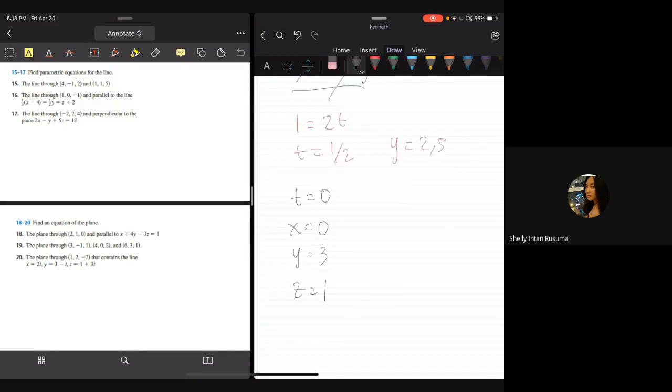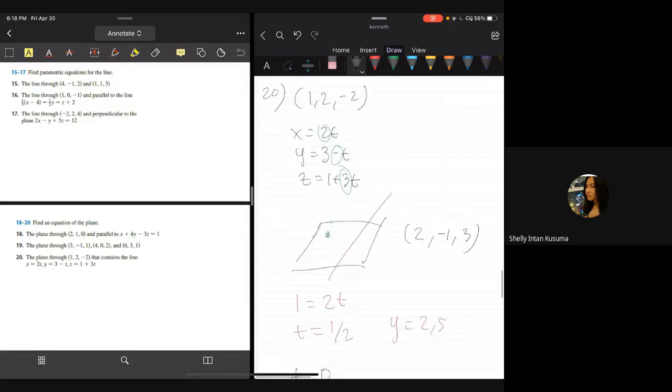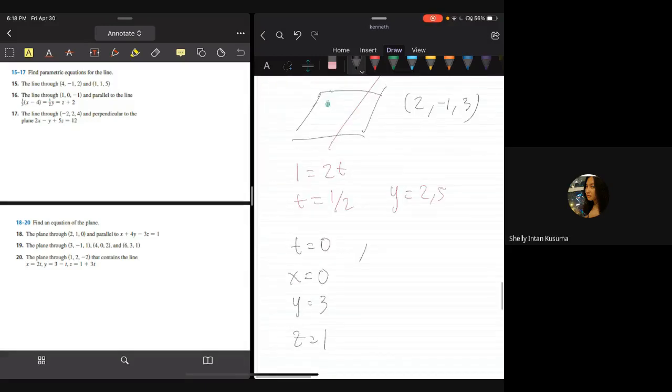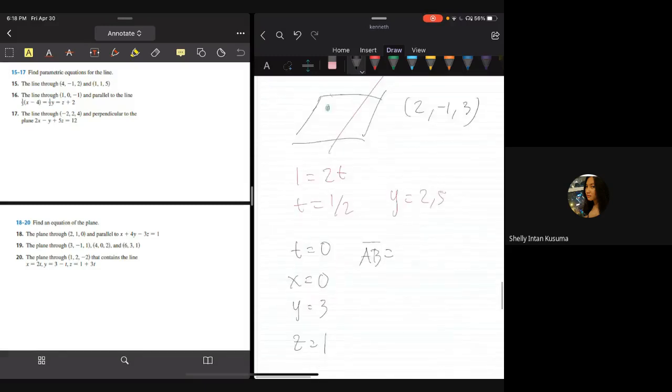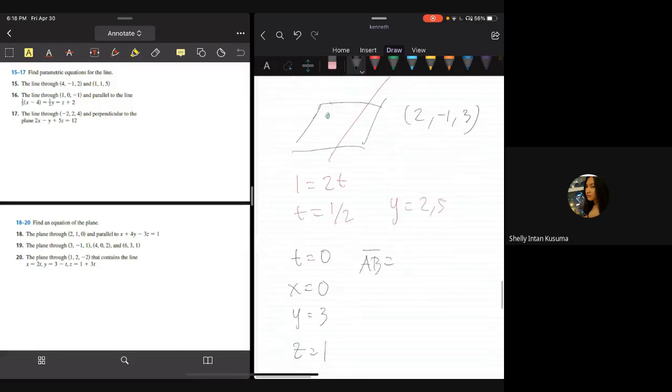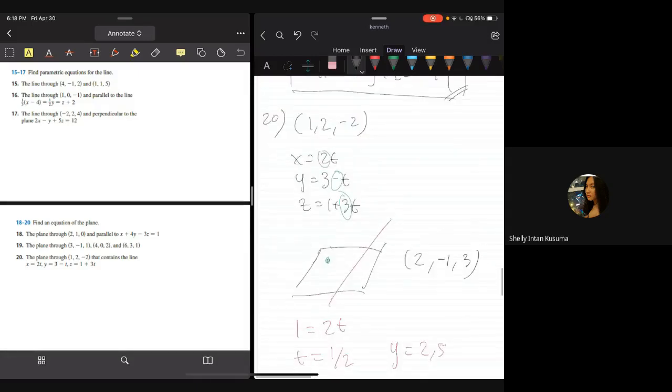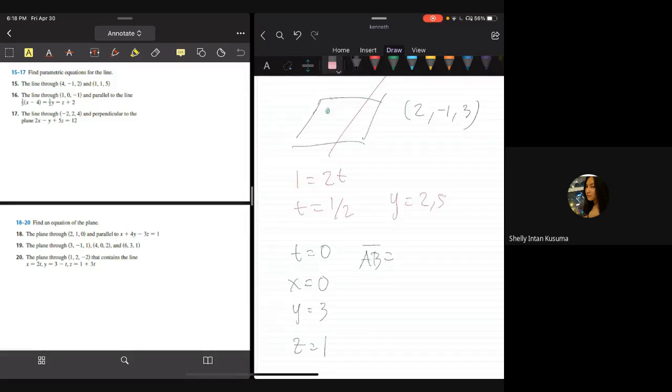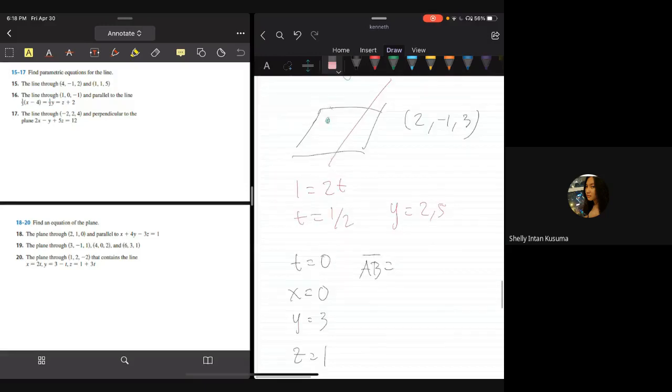Okay, and we can just produce a new vector, maybe vector AP, and we can use this point with our initial point, which is 1, 2, and -2.